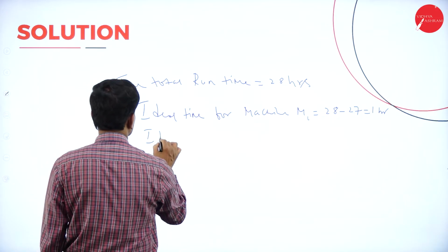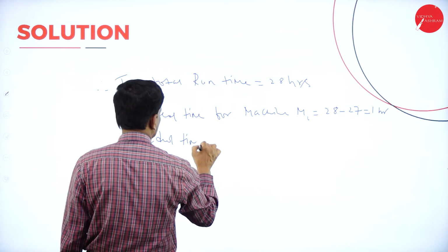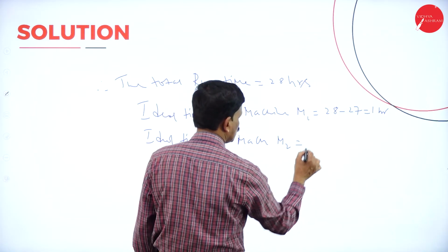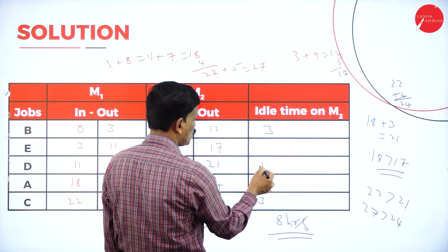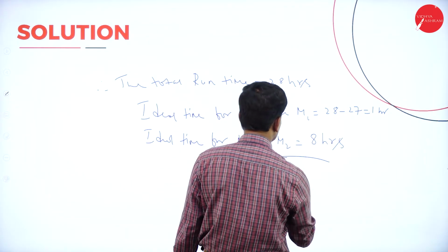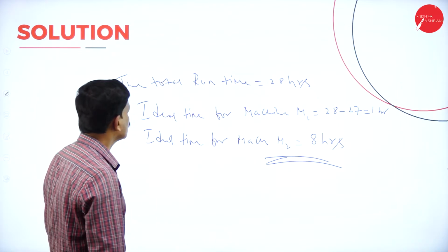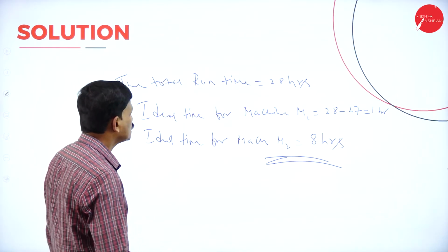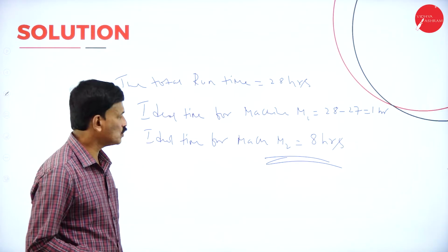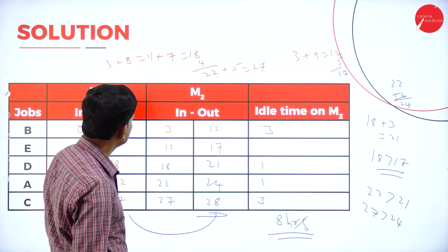The ideal time for machine M2 will be 3 plus 1, 4 plus 1, 5 plus 3 is 8 hours. This is how we are going to calculate the total run time, the ideal time for the machine M1 and the ideal time for the machine M2 also.